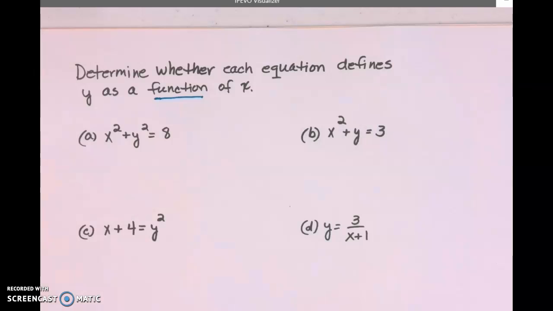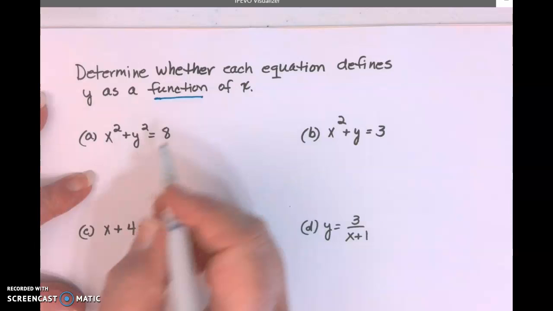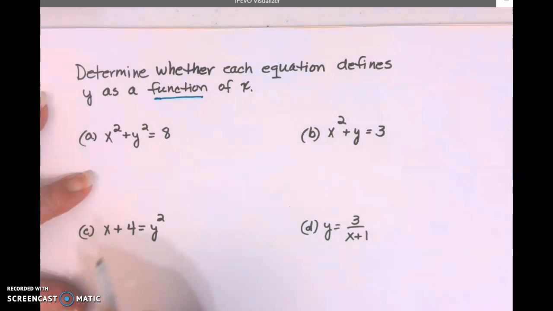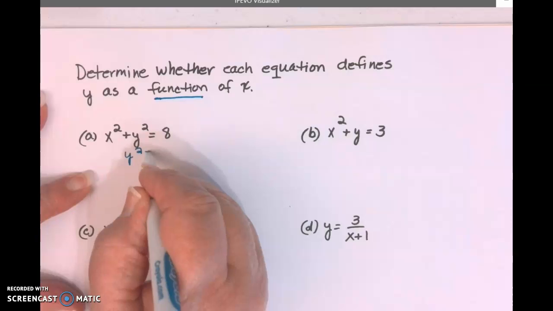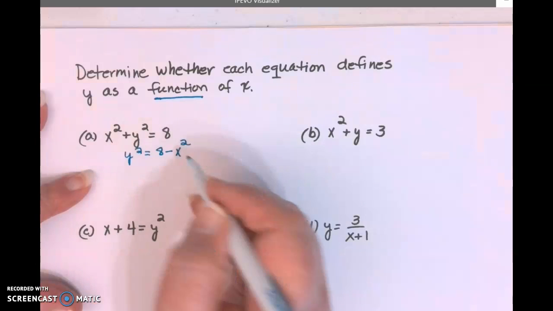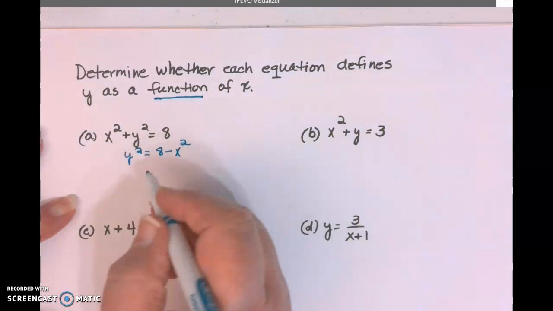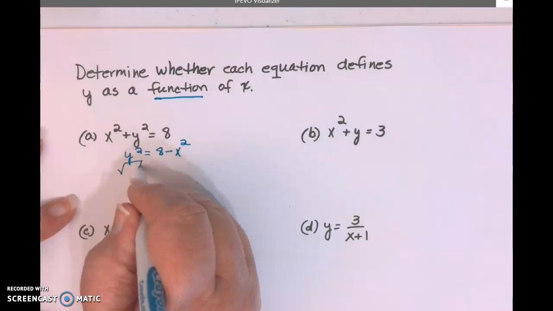y in every equation. So in the first one, to solve for y, I'm going to subtract x squared from both sides. So now I have y squared equals 8 minus x squared. And now to get rid of the square of y, I'm going to take the square root of both sides.